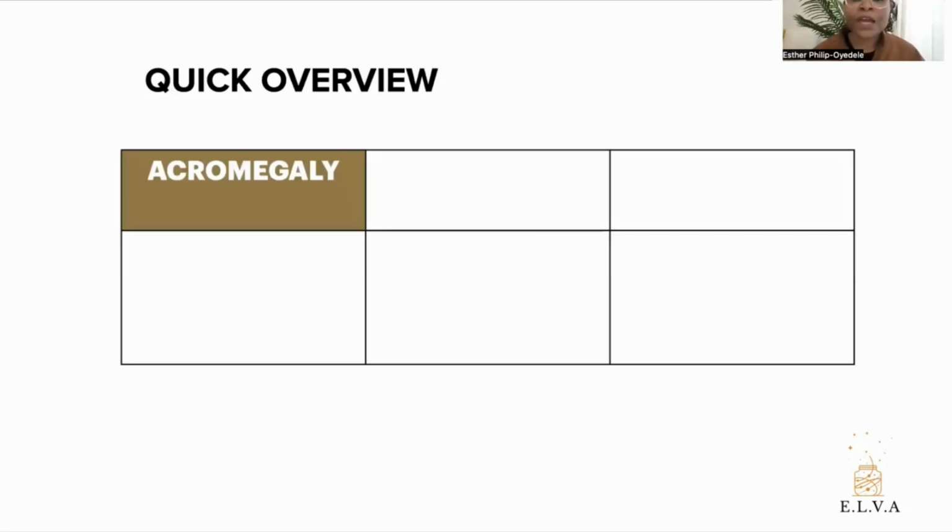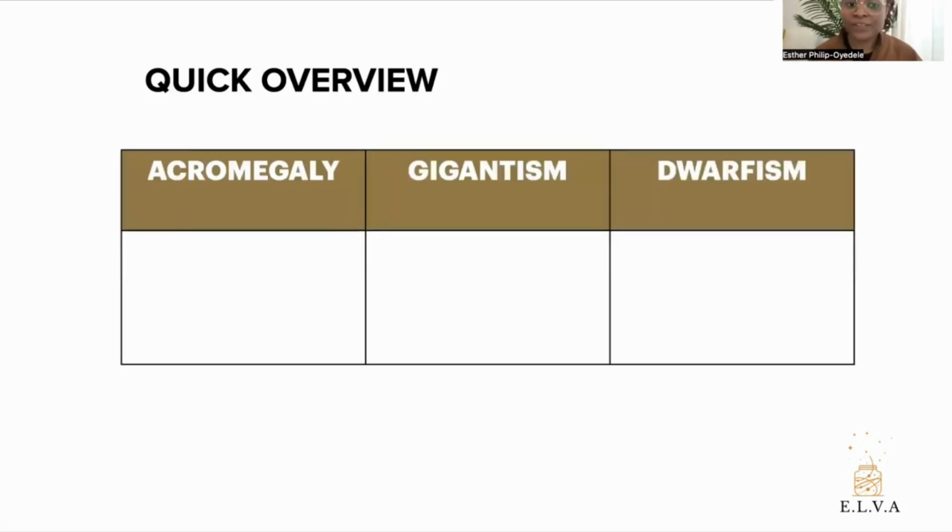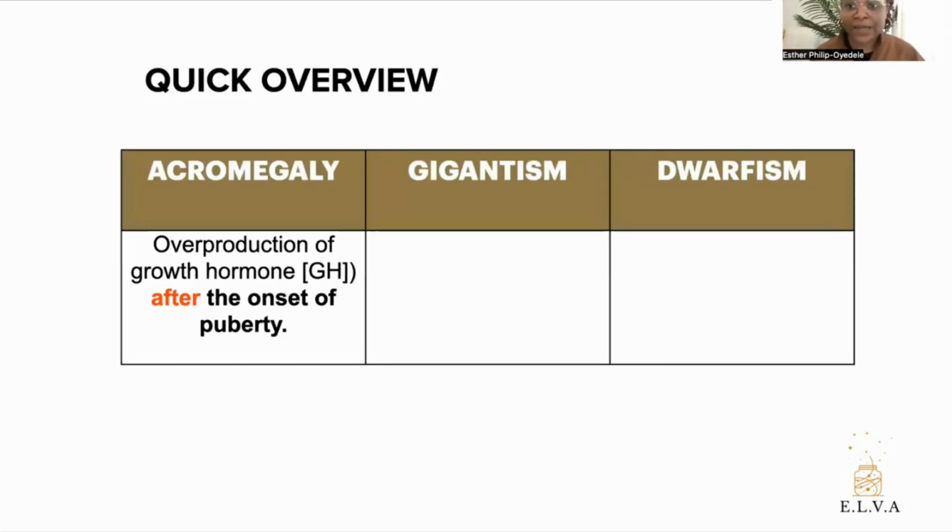Now we're going to go ahead and do a quick overview. Once again, we have acromegaly, we have gigantism, and we have dwarfism. Acromegaly is the overproduction of your growth hormone after the onset of puberty. So when someone is done with puberty, they're in their 20s, they're an adult, and suddenly some of their features start getting bigger, that's not gigantism at that point.